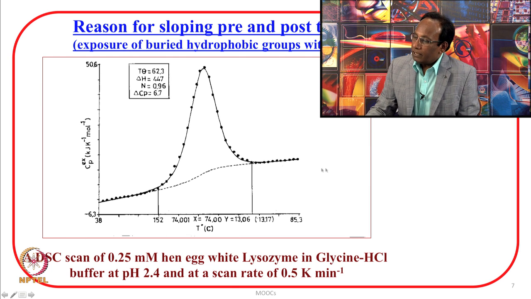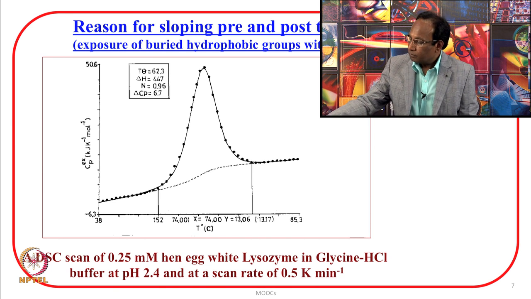And that is what you see here, that the heat capacity of the unfolded protein in aqueous solution is higher than the heat capacity of the native protein in aqueous solution, and the difference between the two is delta Cp, which we have discussed in detail in one of the previous lectures.